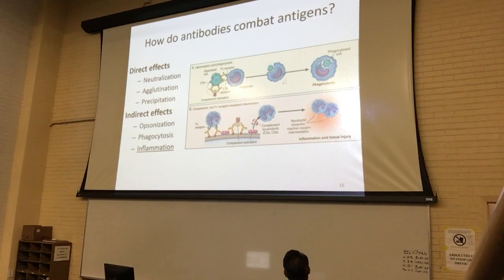And this neutrophil, or you could actually even write here neutrophil or macrophage, can utilize the oxygen metabolites, the reactive oxygen species, to actually destroy that antigen. But in so recruiting neutrophils or macrophages, you're stimulating a local inflammation.